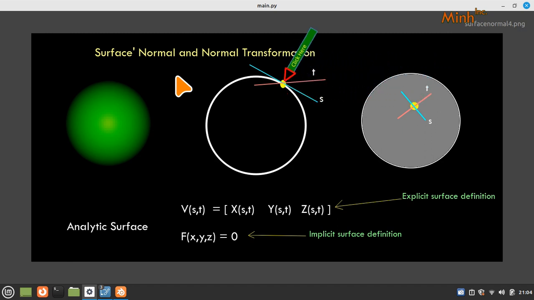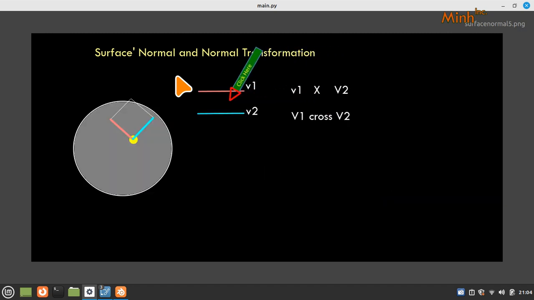At this point, this is a tangent in the T direction, and this is a tangent in the S direction. Now we can say this is a surface at this point that is tangent to the sphere. A sphere is 3D, then its tangent is 2D.